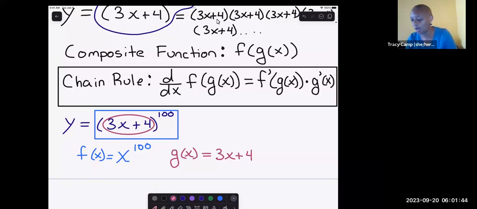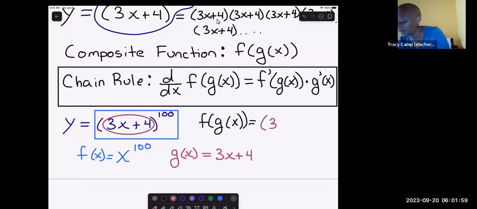And so that said, we can say that f of g of x in this case is 3x plus 4. So think of the 3x plus 4 as your g of x, and then raised to a power of 100 if you think of your f of x as x to the 100.